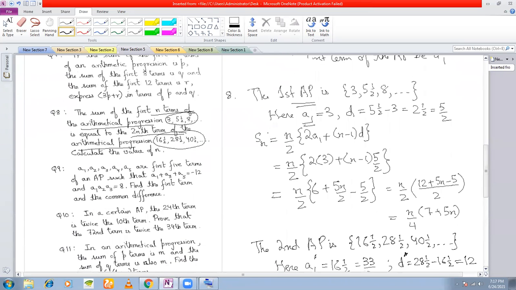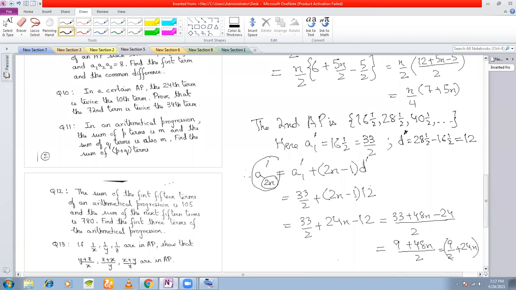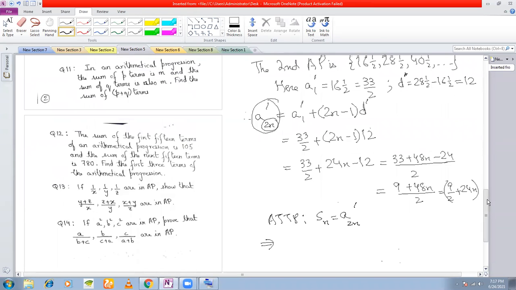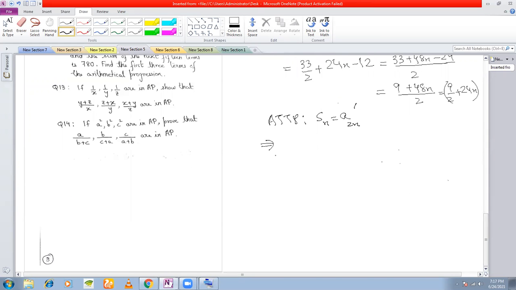And according to the problem, the sum of n terms of this AP must be equal to the 2nth term of this AP. That means Sn must be equal to A2n dashed, isn't it? So you'll get an equation in n. So what is Sn we have calculated? We have calculated Sn to be n by 4 into 7 plus 5n, right? And we have calculated A2n dashed to be 9 by 2 plus 24n, right?